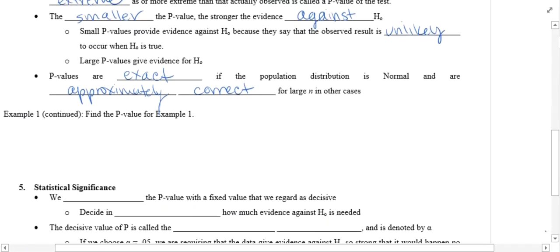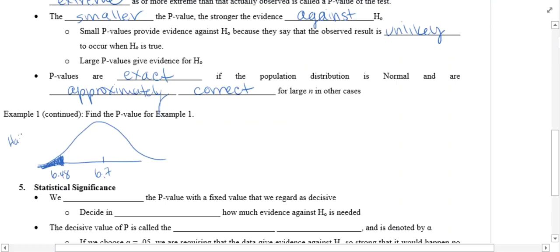Okay, so for the z-score above, we're going to find the p-value. So we're going to draw our little normal curve. We're centered at 6.7, and the value that we have is 6.48. And this shading is going to match our alternative hypothesis.